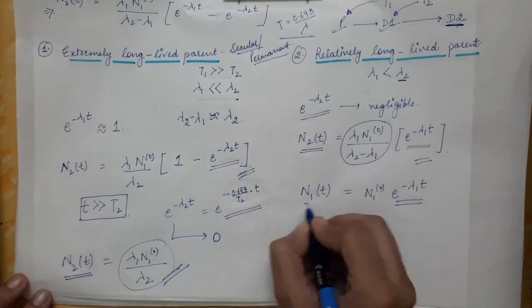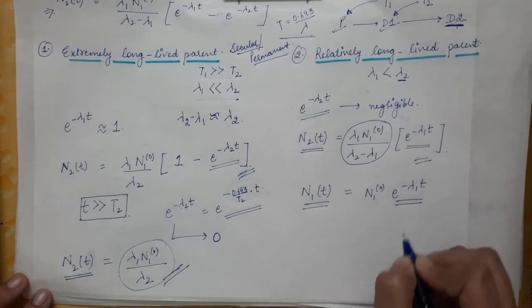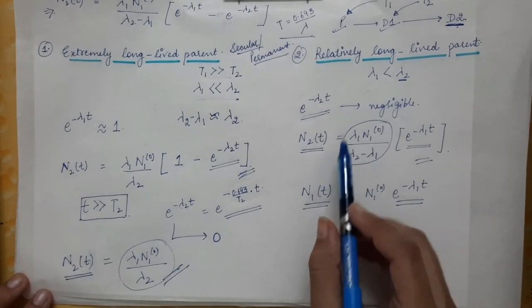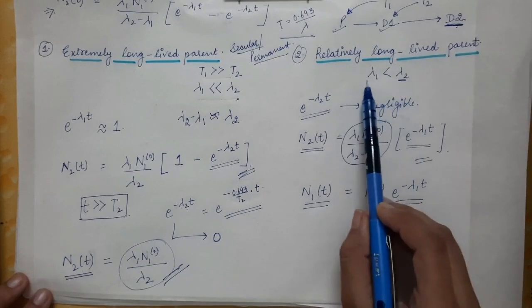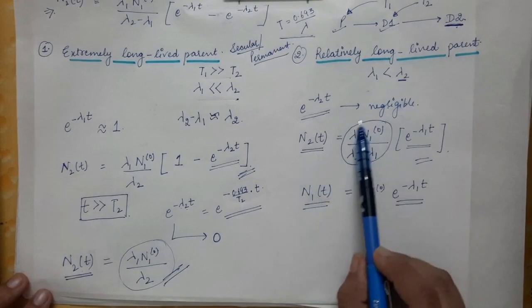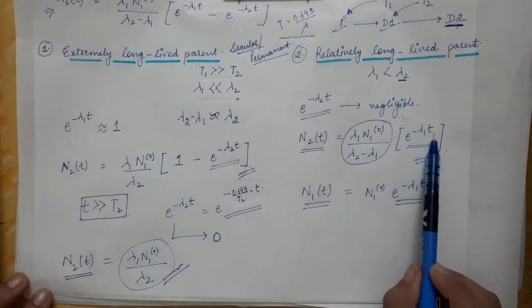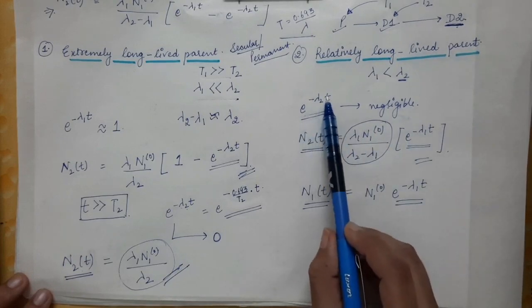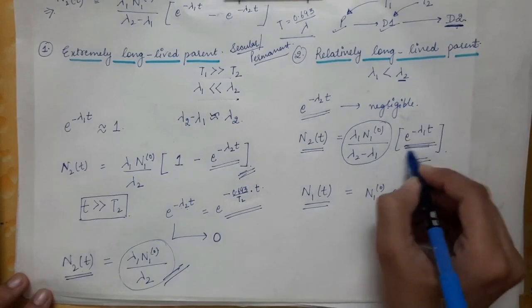So the decay of parent nuclei is exponential with decay constant lambda 1. Here, when you put the condition that lambda 1 is less than lambda 2, you get this constant value, and you get e power minus lambda 1 t, while e power minus lambda 2 t approaches 0.